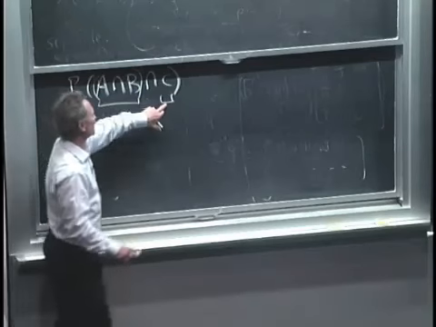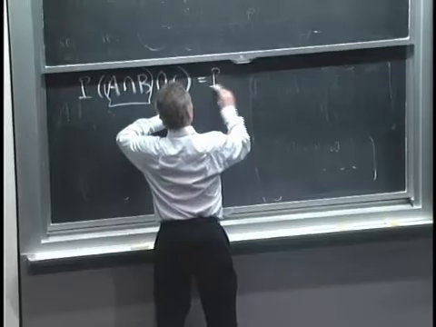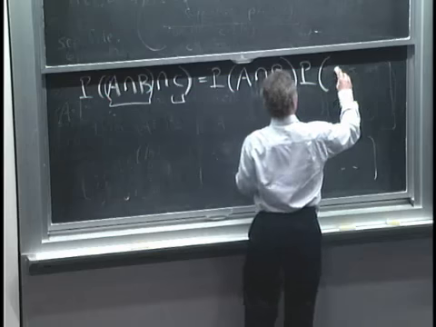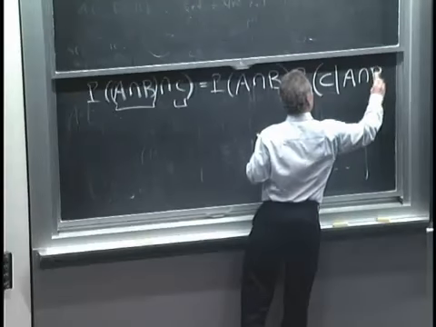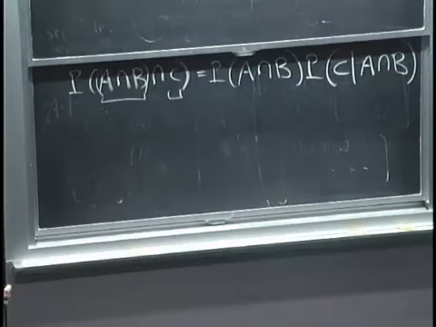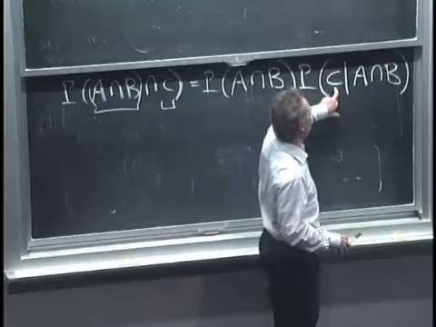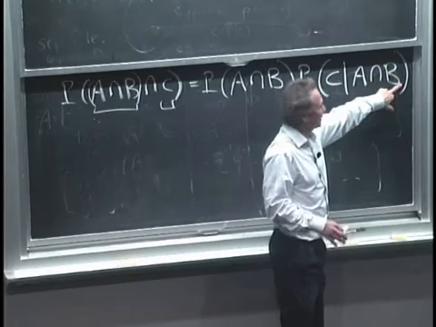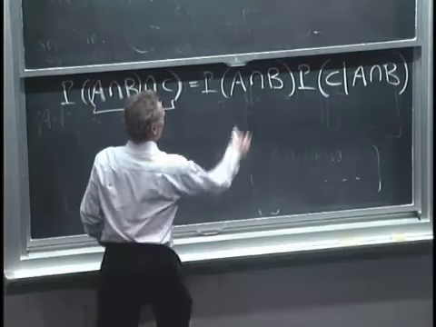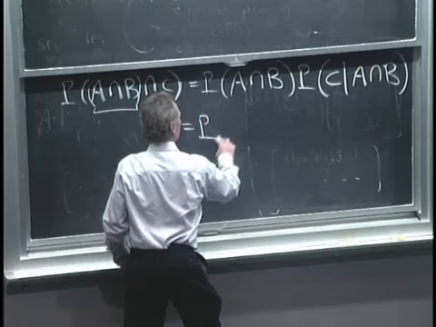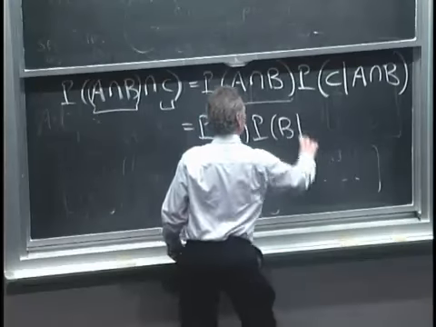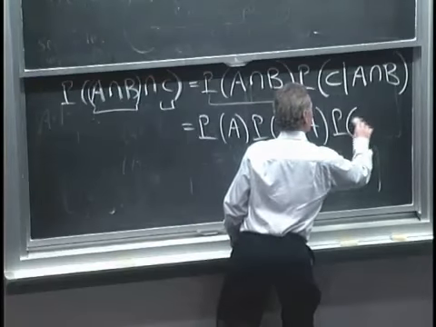The probability of two things happening is the probability that the first happens times the conditional probability that the second happens given A and B, given that the first one happened. So this is just the definition of the conditional probability of an event given another event. That other event is a composite one, but that's not an issue. It's just an event. And then we use the definition of conditional probabilities once more to break this apart and make it P of A, P of B given A, and then finally the last term.